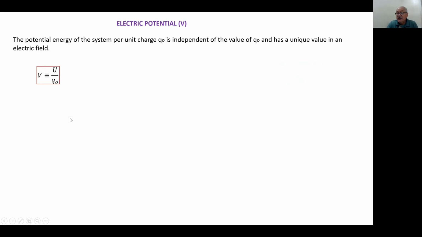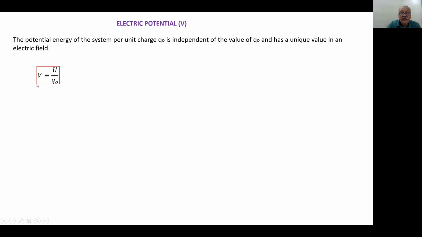Remember, every time we have a quantity and we divide it by another quantity, we create a new quantity and we have to define it. Like in this case, we have electric potential energy, and we divide it by another quantity, the electric charge of the test charge.